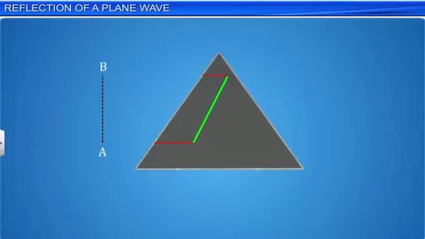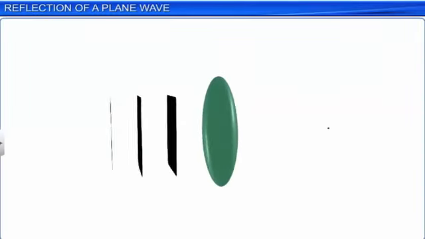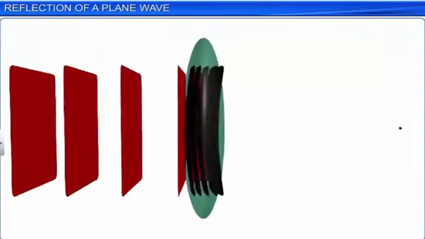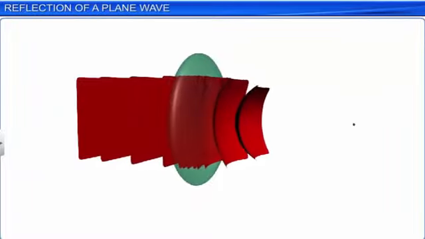As the wavefront AB passes through the prism, the point A travels for longer distances in the glass than the point B. Since the speed of light waves is less in glass, point A and the lower portion of the wavefront passing through the prism are delayed, and as a result, there is a tilt in the emerging wavefront A'B'. When a plane wavefront is refracted through a convex lens, it becomes a converging spherical wavefront and converges at a point on the principal focus.